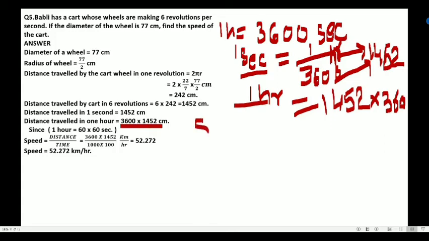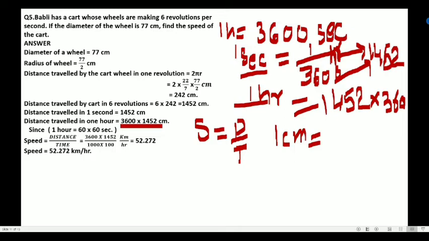Now, since speed is distance upon time, and the distance is here in centimeters, we need to convert this into kilometers. So 1 kilometer has how much meter? Let me tell you step by step. 1 centimeter, first convert it into meter.